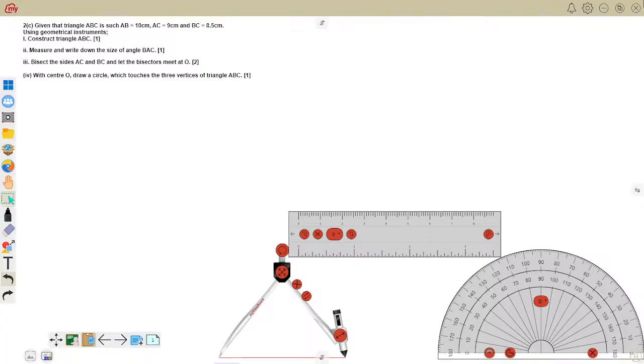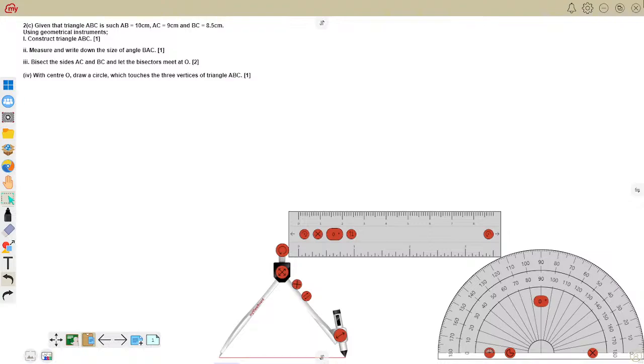Using geometrical instruments, 1, construct triangle ABC, that is 1 mark. 2, measure and write down the size of the angle BAC. 3, bisect the sides AC and BC and let the bisectors meet at O, and that is 2 marks. Then 4, with center O, draw a circle which touches the 3 vertices of triangle ABC. Okay, so that's the question we have.